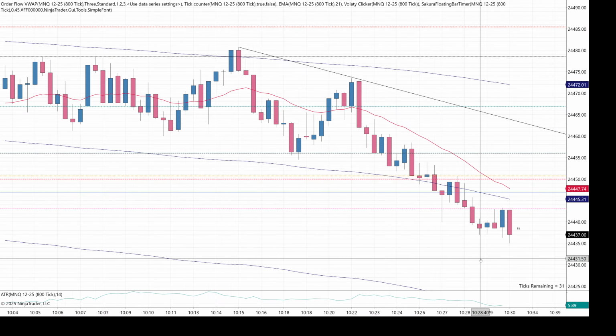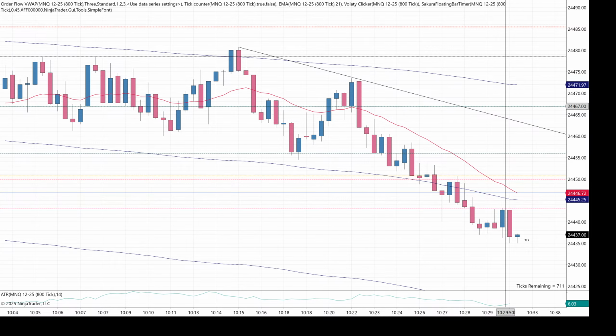We also are very extended at this point. We do need to pull back.